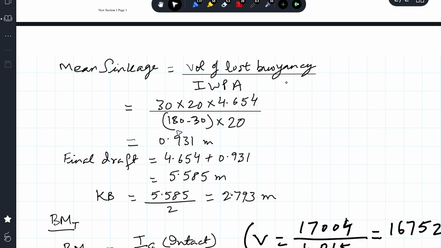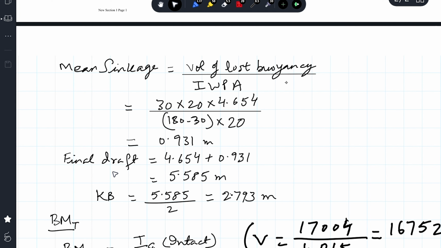So the breadth remains the same as 20, the length will reduce by 30 meters. So intact length will be 180 minus 30, into 20. So we get 0.931 meter mean sinkage.